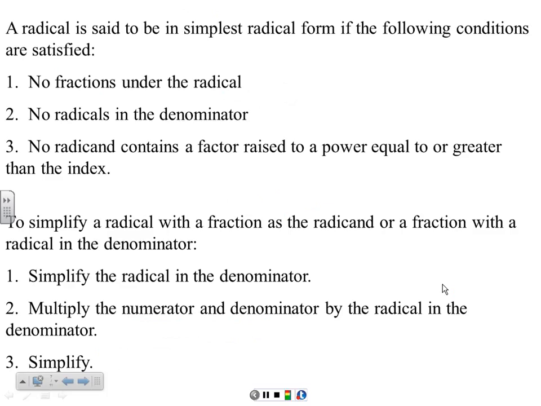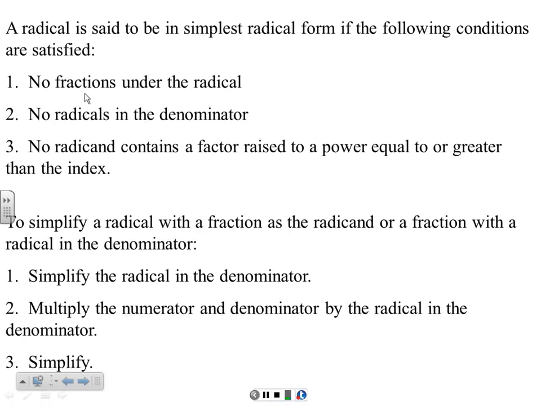The next thing we're going to do is we're going to learn how to deal with fractions. So a radical is said to be in simplest radical form if the following conditions are satisfied. And when you are taking your test, every answer that you write down, I want you to take the time to check your answer against these 3 rules, basically.